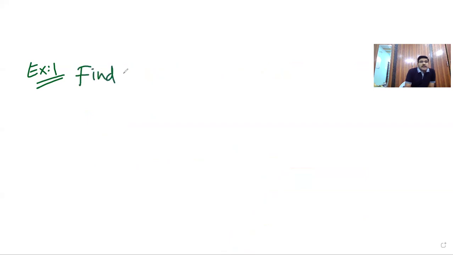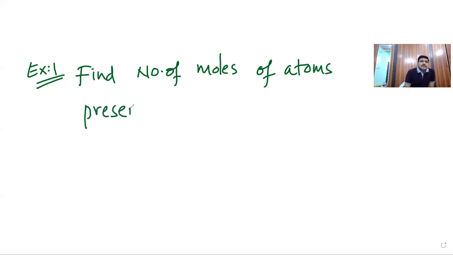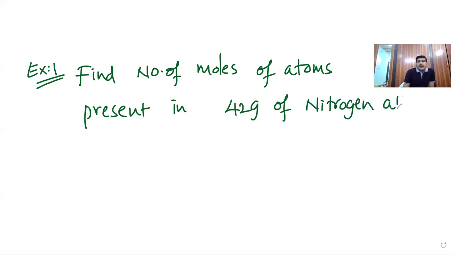Find the number of moles of atoms present in 42 grams of nitrogen atoms. Clear?